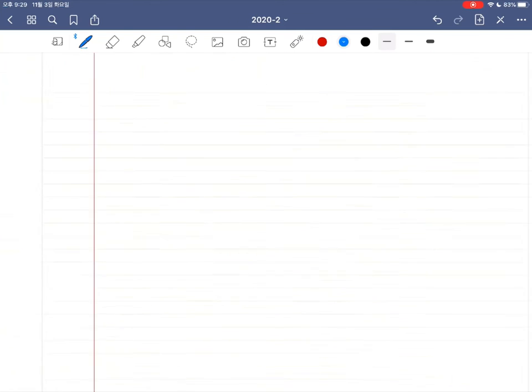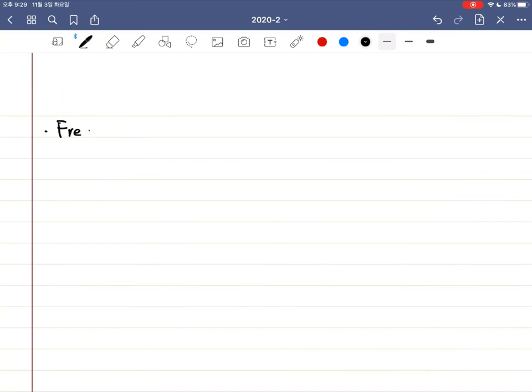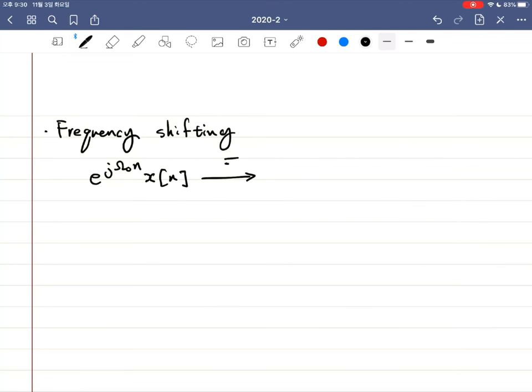Also, the property called frequency shifting is also a property for discrete time, where if you do the phase shift in the time domain, then you get the shifted frequency by the amount of omega 0, like this.